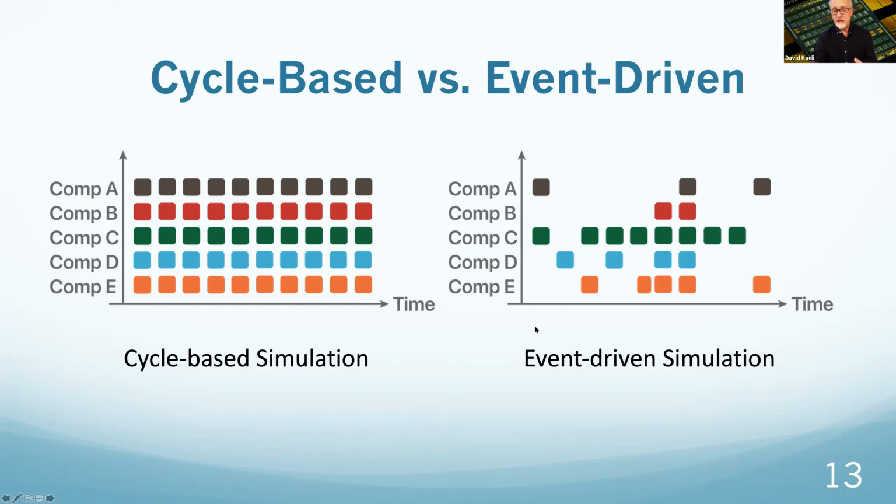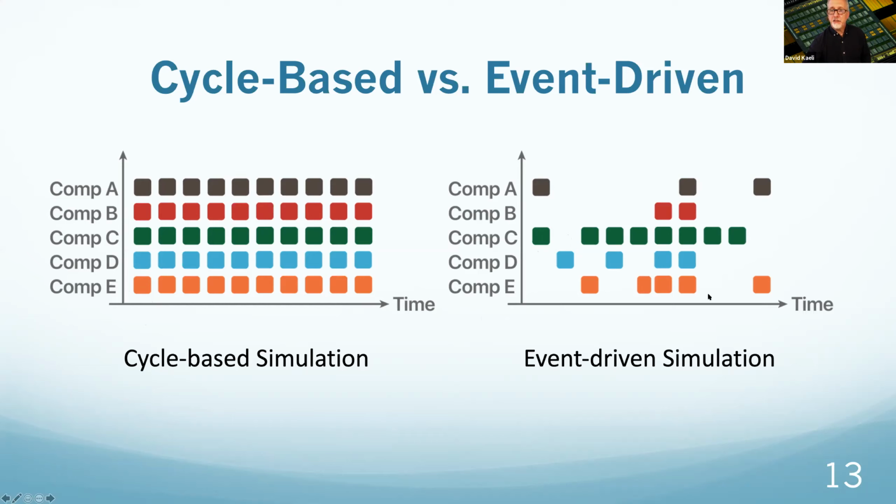Instead, if we do event-based simulation, where we look to see what's been triggered, what has had a change in state, and then evaluate it, we're going to see that the number of things that need to be evaluated is much fewer. This gets rid of the busy ticking.